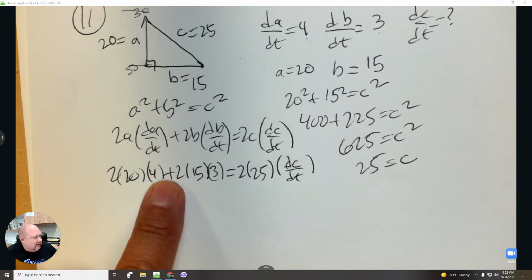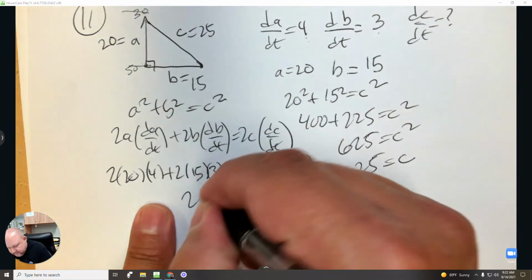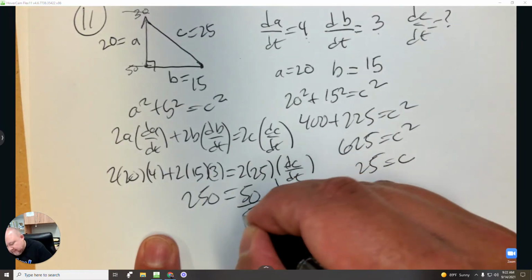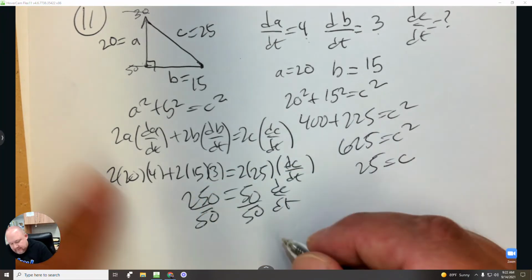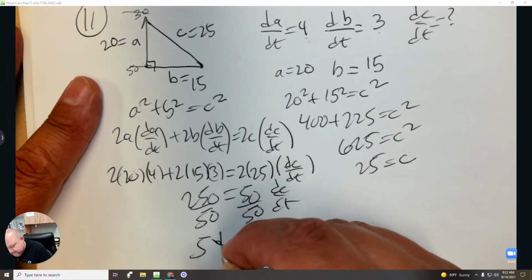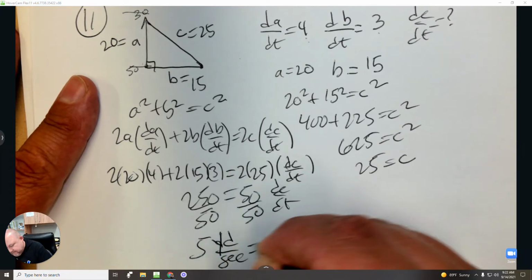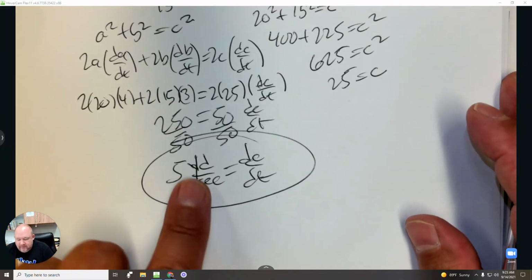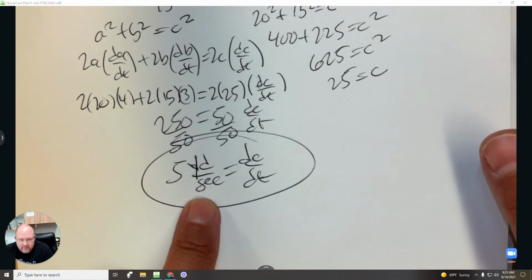That number is 250. This is 50. Divide by 50, and you get 5, right? And that's your answer. So the rate the bungee cord is being stretched is 5 yards per second.